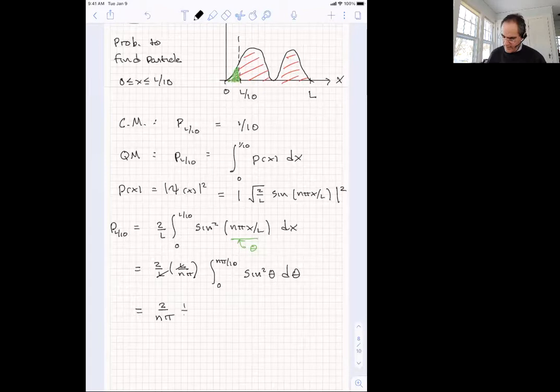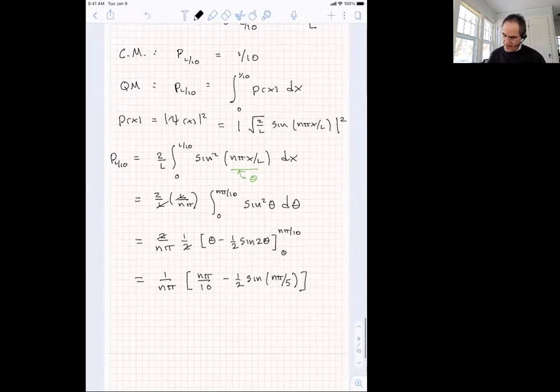Okay. Continuing then, we got rid of Siri finally. We have 1/2 times theta minus 1/4 sine of 2 theta evaluated at n pi over 10 and 0. And this becomes 1 over n pi over 10 from the first term minus 1/2 sine of n pi over 5.